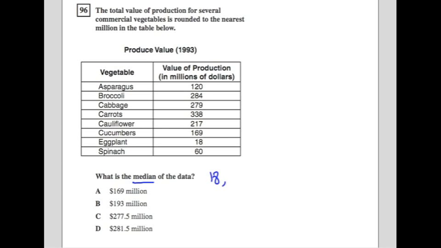So I got 18, it's the lowest number, followed by 60, it looks like. Then I got 120, 169, 217. I'm going to run out of room here, so let me move this.